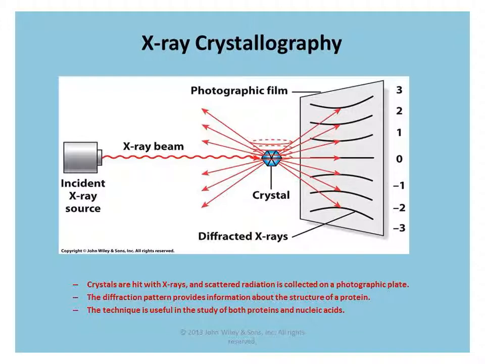Once that true crystal is achieved, you can subject it to a narrow beam of X-rays, and it will hit the crystal and create a diffraction pattern. The specific diffraction pattern will then be interpreted by computer software, and essentially allow a predicted structure to be determined from that diffraction pattern. This is an extremely useful tool to study protein structure as well as nucleic acids.